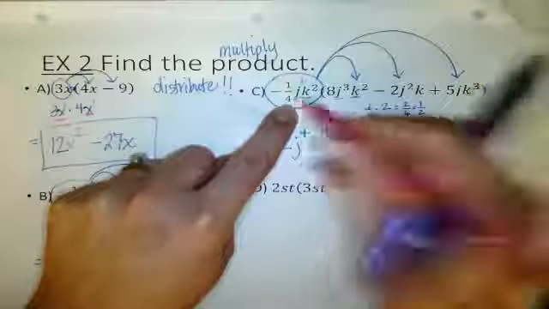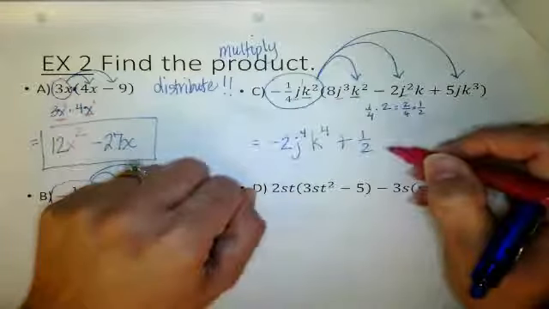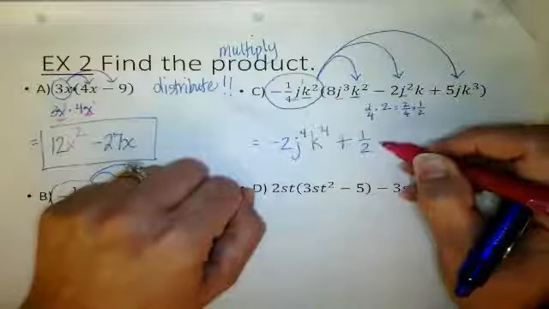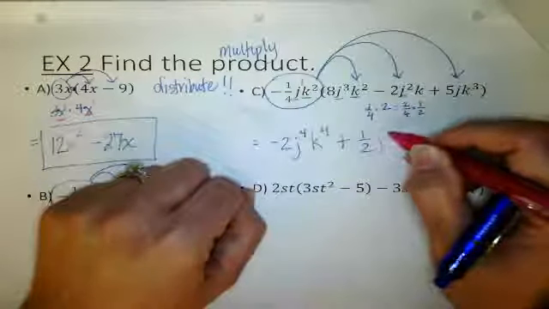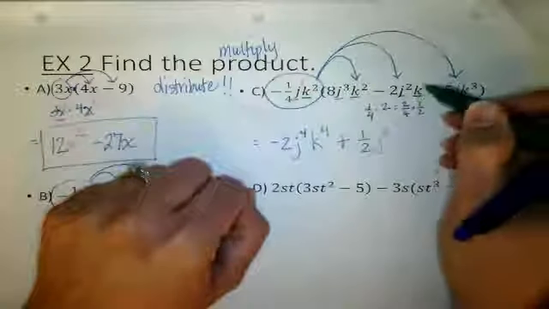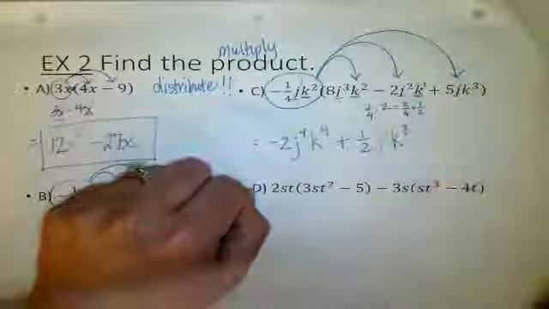We have j to the first times j squared. What's that? J cubed. We have k squared times k to the first, which is k cubed.